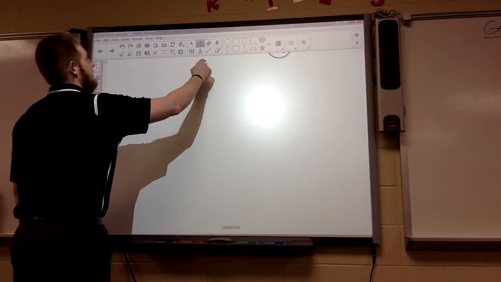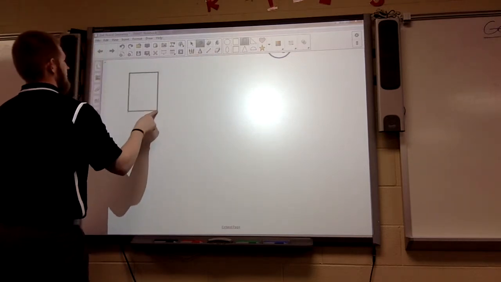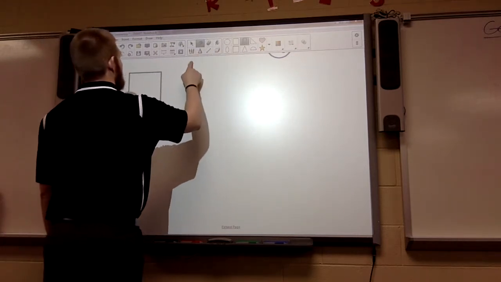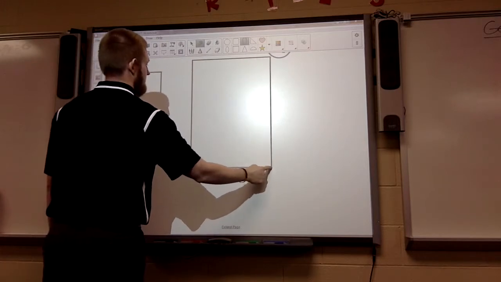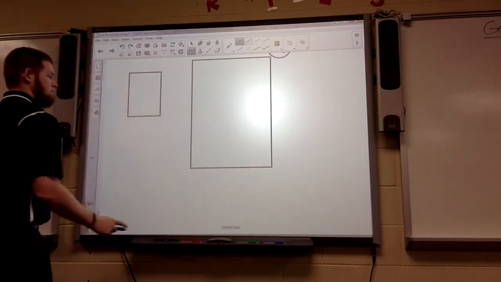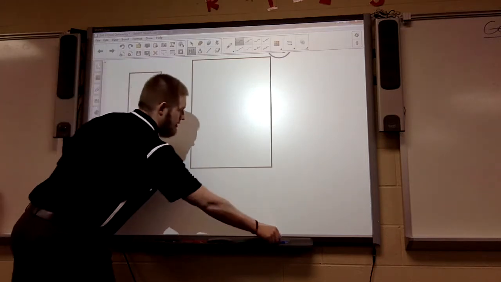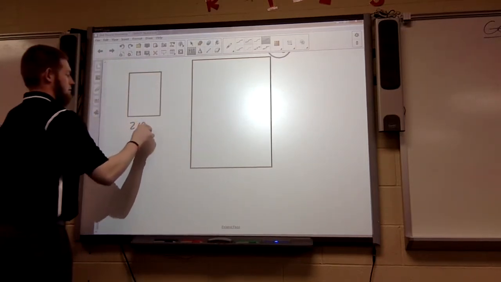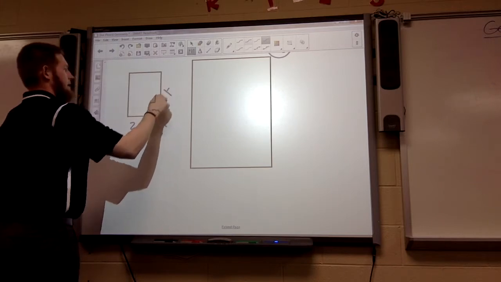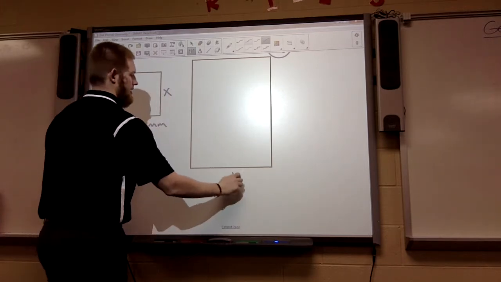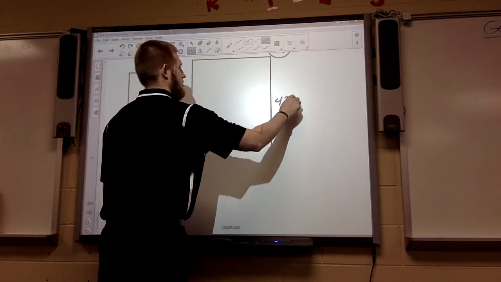So what we have here is 2 sheets of paper. I have a smaller sheet of paper and a larger sheet of paper. And I have 210 millimeters, and I have X, and then I have X and 420 millimeters.